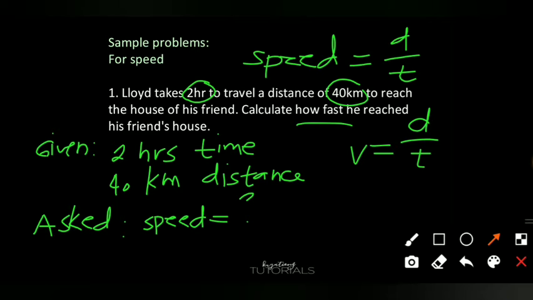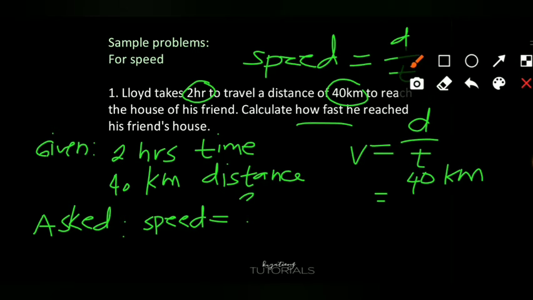So substitute ta. So we have ang atong distance is 40 kilometers, di ba? So 40 km. Then we have over ang atong time is 2 hours, di ba? Okay, so 40 divided by 2 is 20.